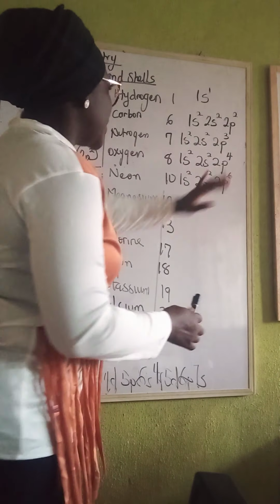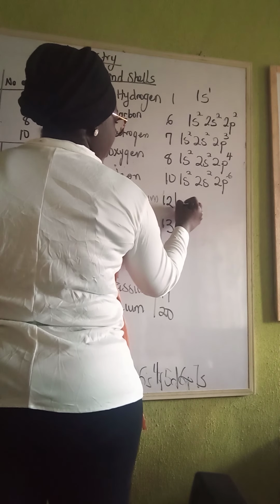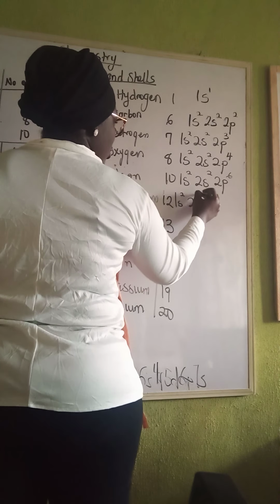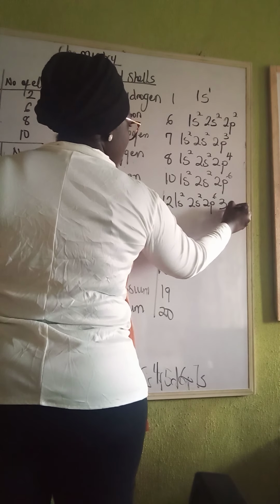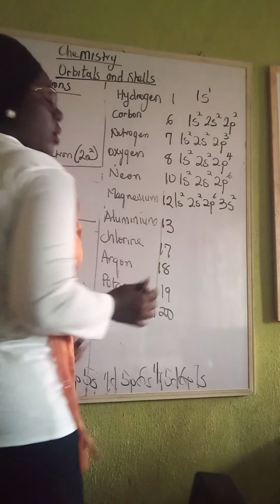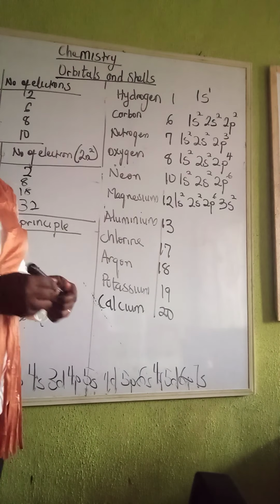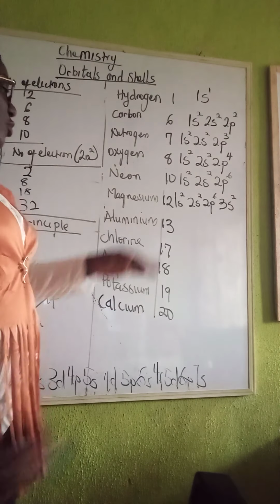After this, we now have 12, which will be 1s2, 2s2, 2p6. Now you move to the third shell, 3s2. By the time you add all these electrons, it gives you 12. Sorry, I'm only trying to manage the board. Aluminium, 13.